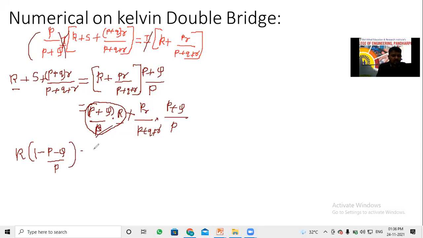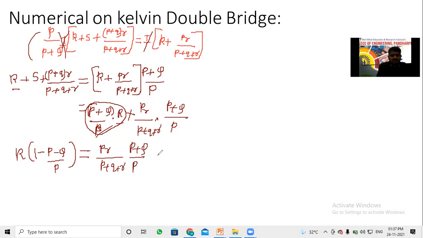Plus, yes, we write as it is. Otherwise, what you do, you send all these things into RHS side. This, I will send into RHS side. What will it become? It will become minus. Otherwise, I have sent this one into LHS side. So RHS term, whatever is there, you write as it is here now: PR divided by P plus Q plus R into P plus Q divided by P. I have written as it is.